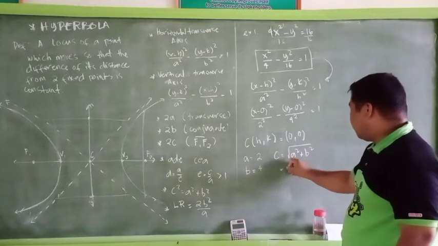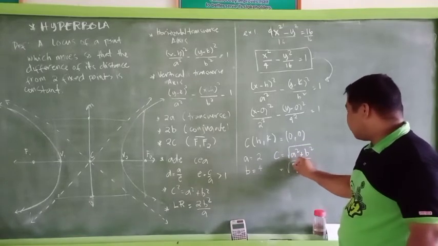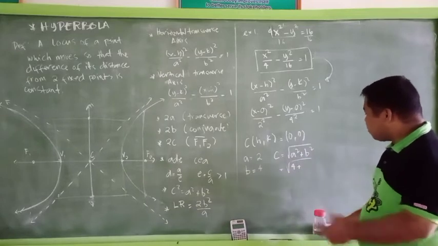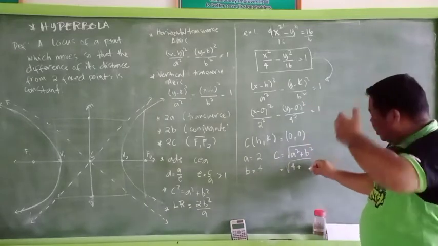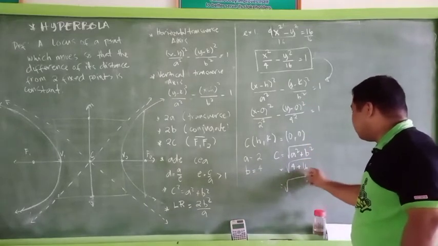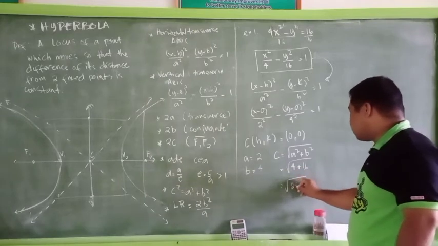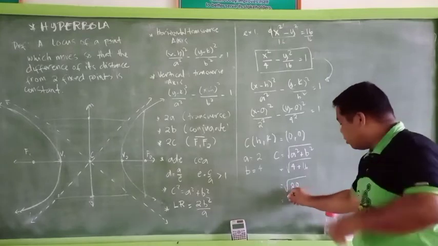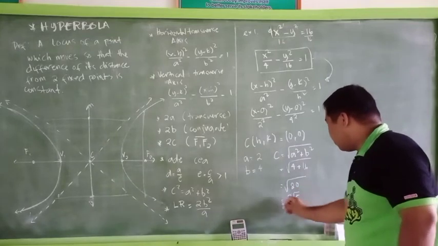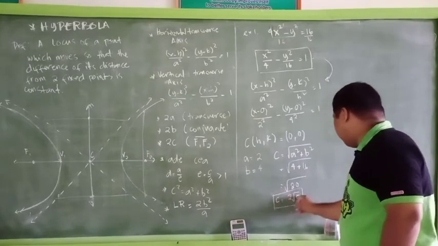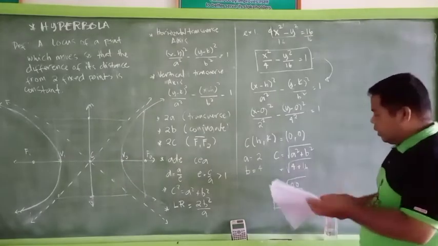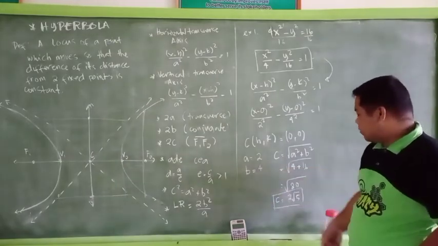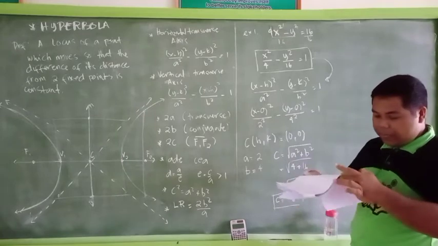So, Pythagorean lang. Square root of 4 plus 16, so square root of 20, that is 2 square root of 5. So that would be the value of your c. So a natin is 2, b is 4, c is 2 square root of 5.